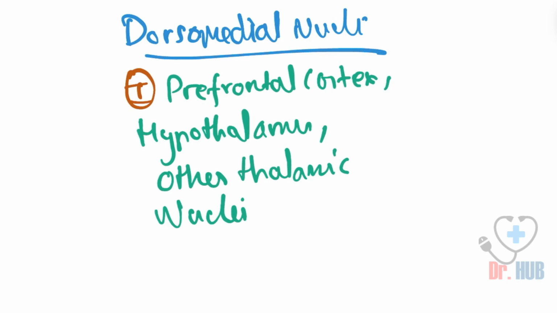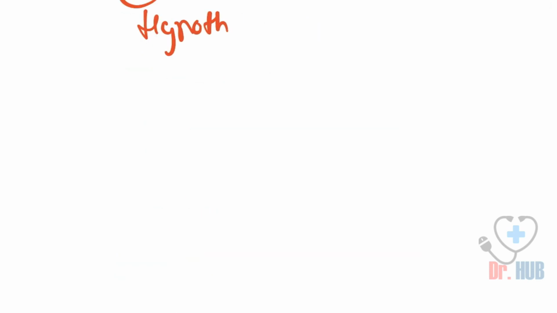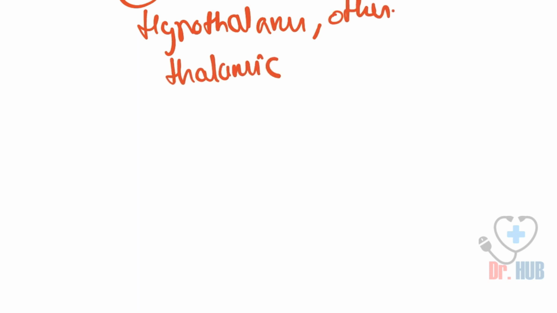What is the output of this dorsomedial nucleus? The output includes the prefrontal cortex as well as the hypothalamus and other thalamic nuclei.